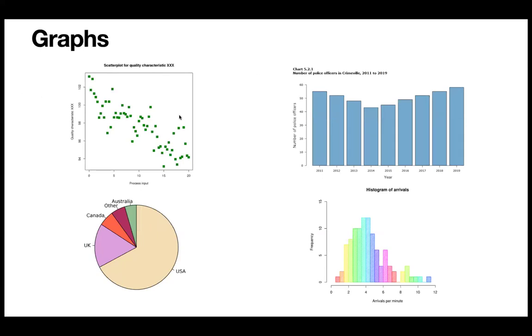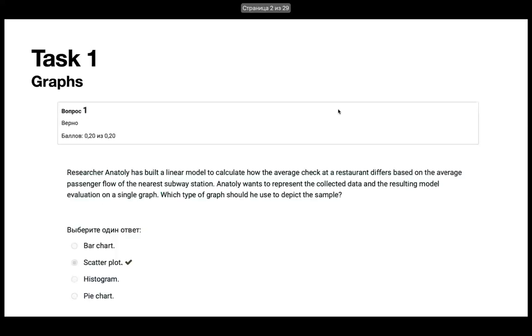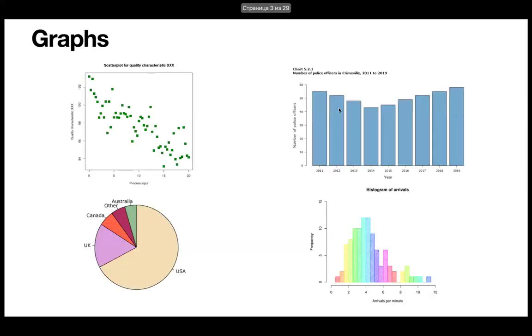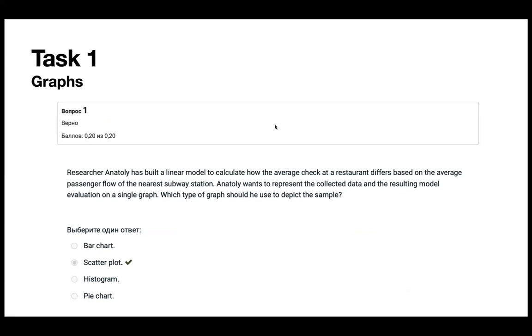This is the scatter plot. This is the box, bar chart, yeah. And that's a histogram, and that's a pie chart. So what you need to know here is only that if you have two continuous variables to visualize, you just use scatter plot.